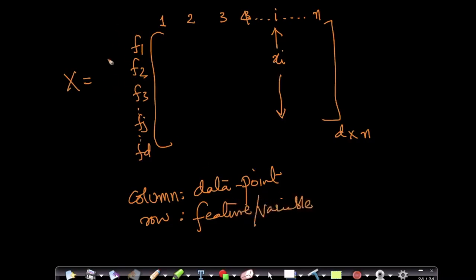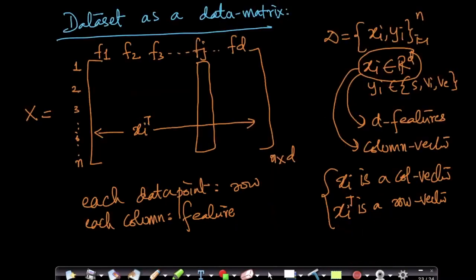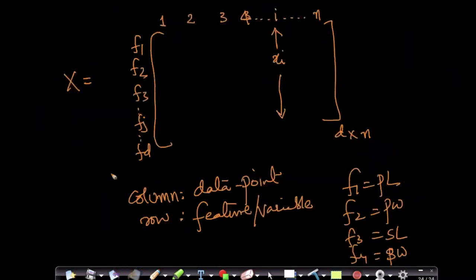In this case, your f1 could have been petal length, your f2 petal width, your f3 sepal length, and your f4 sepal width, right? So these are two representations, and remember this new X that I have written is nothing but the transpose of the previous one. If I just swap rows with columns and columns with rows, you'll get this matrix.